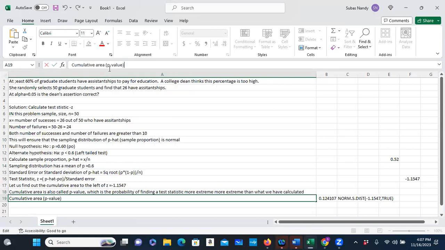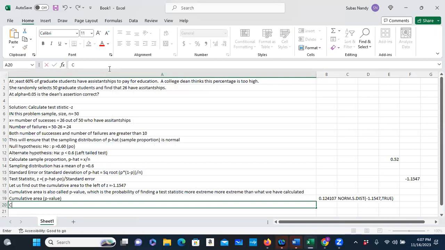Now compare this p value, p equal to 0.124, three places of decimal is good, with alpha equal to 0.05.